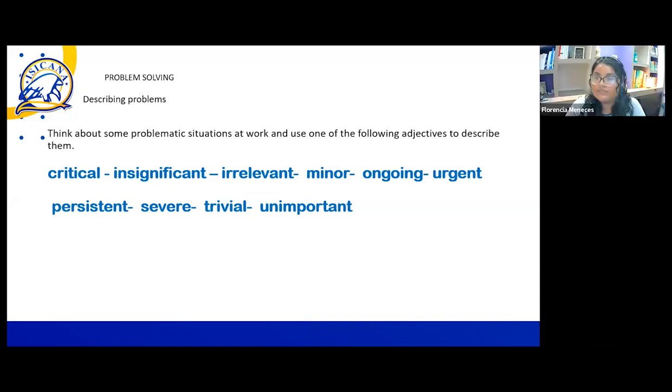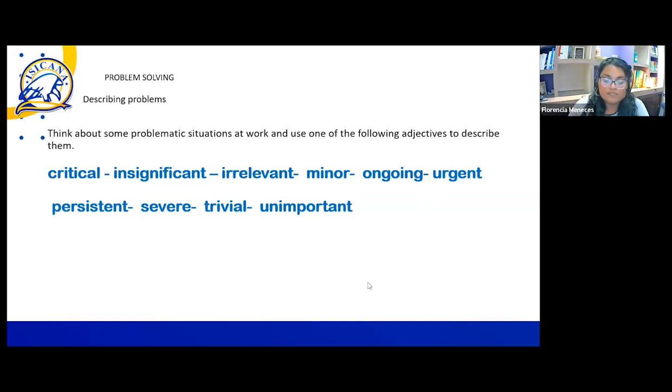Okay, ongoing is something that is happening at this moment, currently. It's an ongoing problem, un problema en cuestión en el momento, okay. So urgent, persistent, severe, trivial, and important. Puede ser recurrente quizás en el momento. That's going to be one of these adjectives.